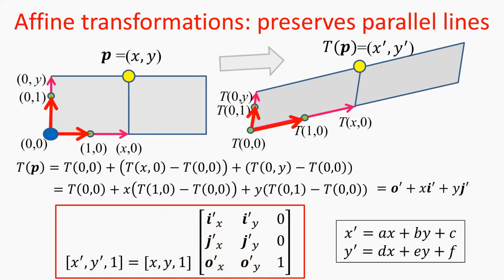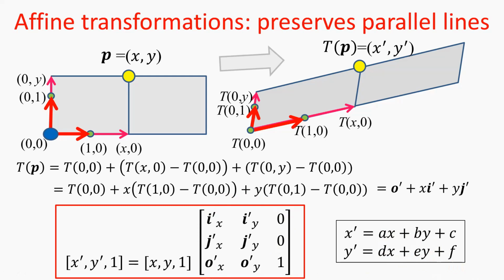So this proof was a constructive proof. We could not only prove that affine transformations are linear functions for the Cartesian coordinates, but this discussion also told us how to find the transformation parameters, including this 3 times 3 matrix or the A, B, C, D, E, F scalars in the transformation formula.